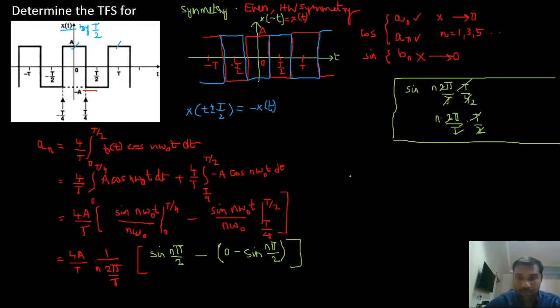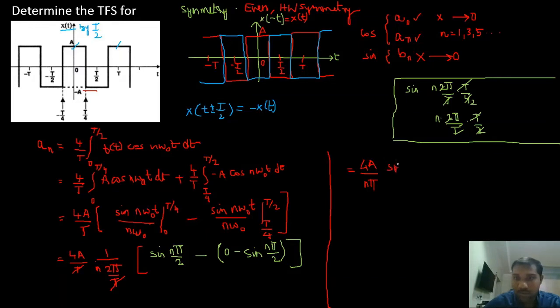If you add these two, you will get 2 sine n pi by 2, so the 2 and 2 cancel. So we are left with 4A by n pi.